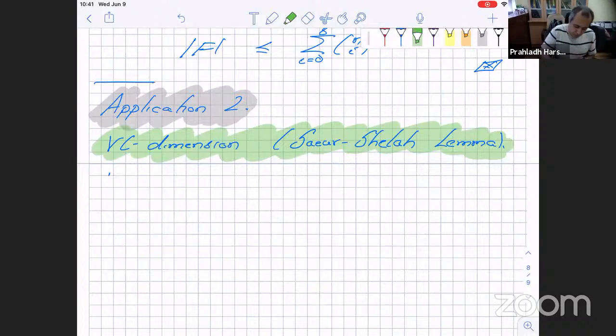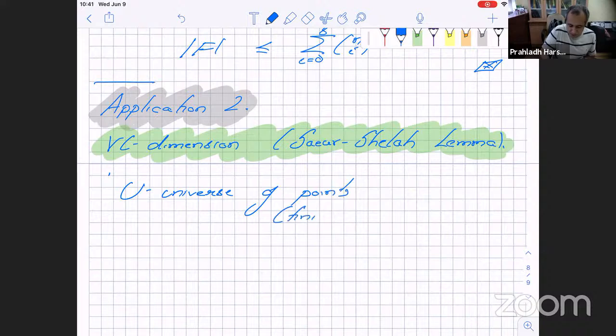So let U be a universe of points. This could be finite or infinite, I don't care. U could be just a set of points 1 to n. It could be all points on the real line.